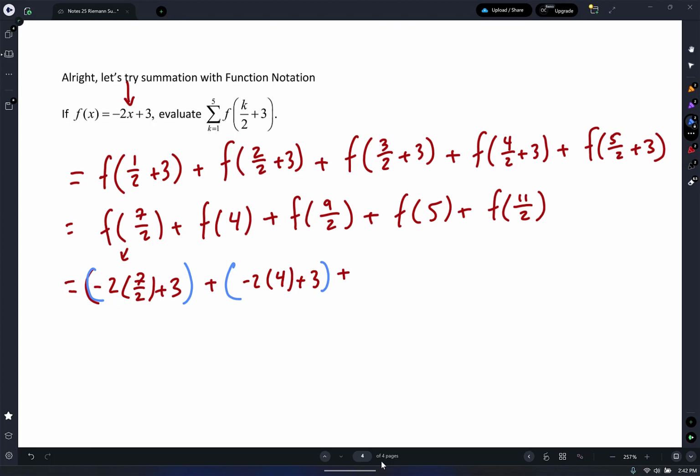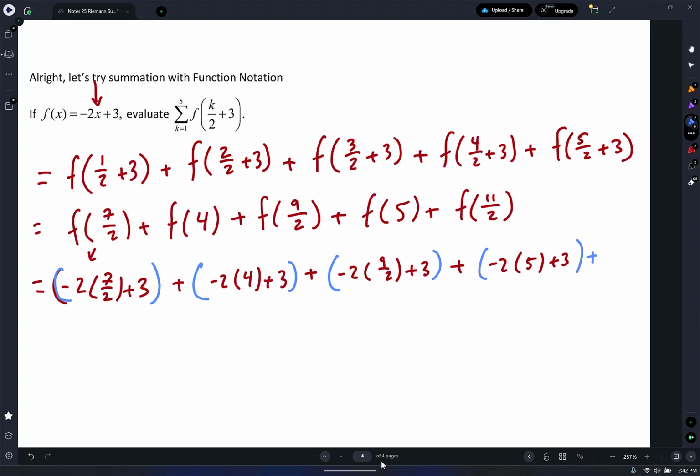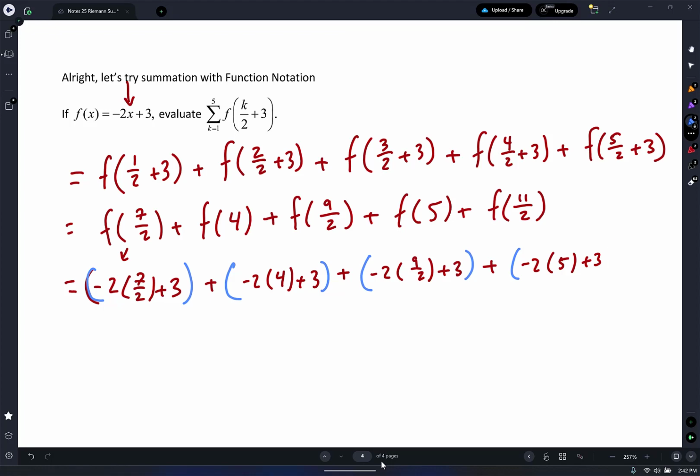I'm going to show you a shortcut right now with a calculator. -2 times 9/2 plus 3, plus -2 times 5 plus 3, and then one more. -2 times what? 11/2 plus 3.